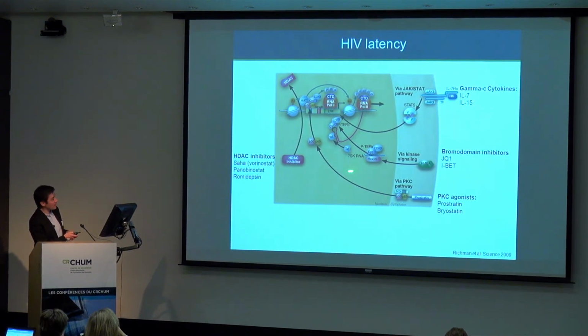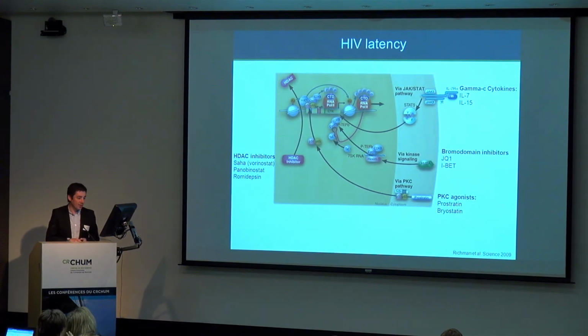In addition to that, you don't have high levels of P-TEFb, which is a master regulator of elongation for HIV in those resting CD4 T cells. Also, you might miss some essential transcription factors for HIV, such as NF-kappa B, I don't know where it is here, but it's somewhere on the slide, or NFAT.